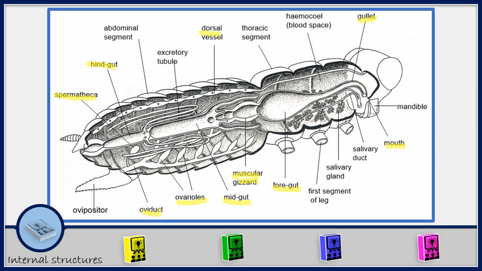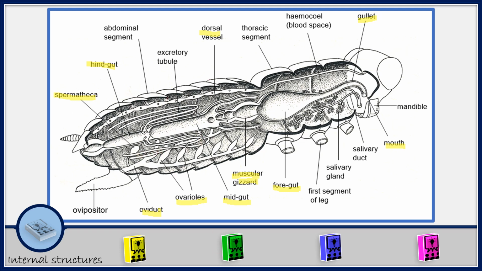Then there are some tubes which we have not talked about. These tubes connect to the hindgut. Those are excretory tubes. They move through the haemocoel and then they connect here to the hindgut.